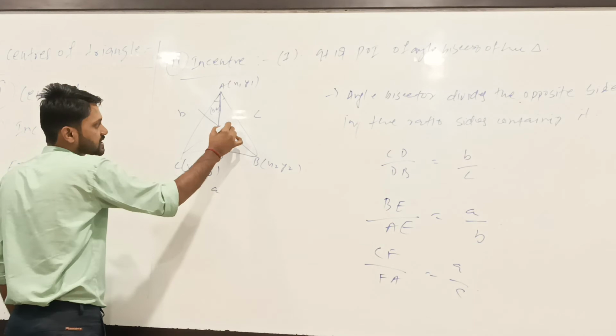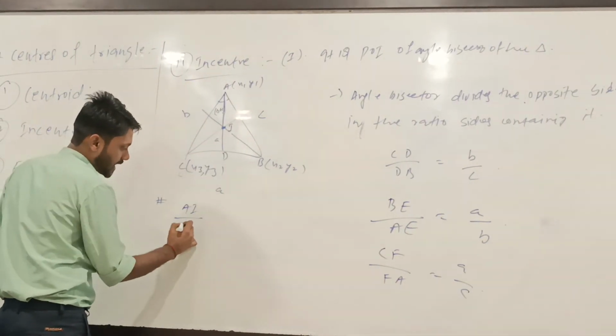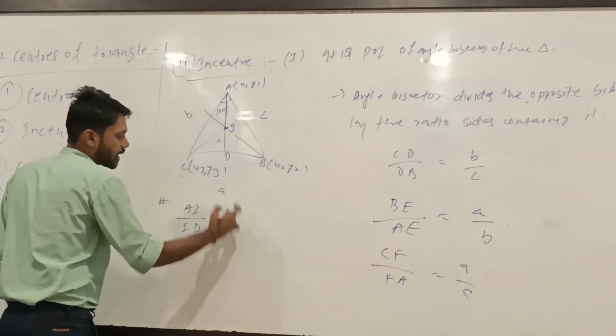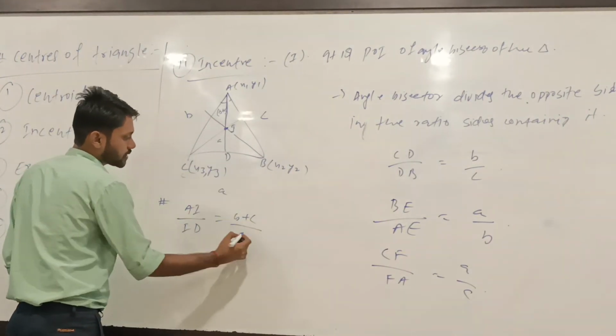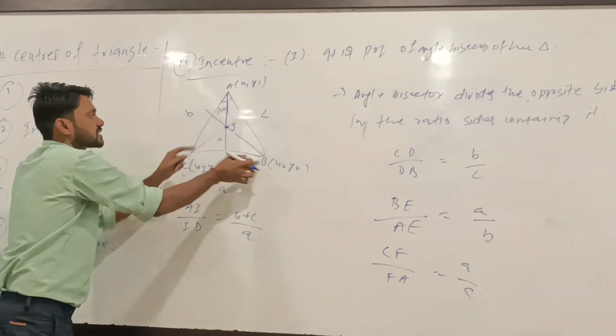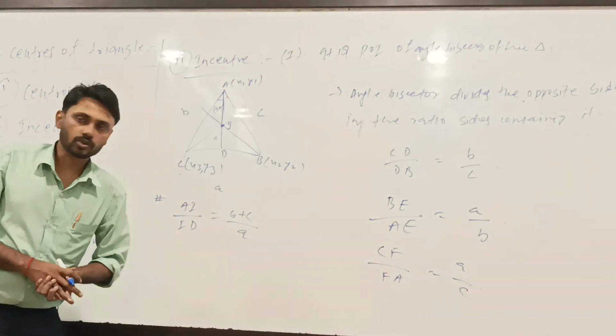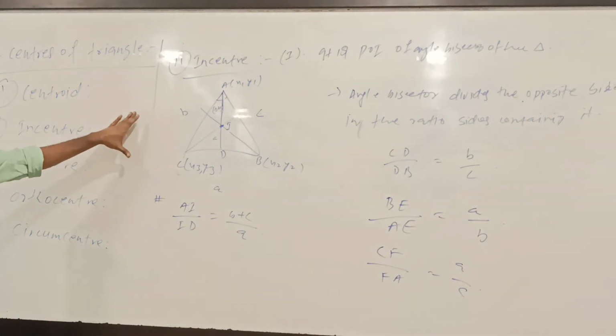So if this is I, AI upon ID will be equal to b plus c upon a. Same case with this line, same case with this line. You can utilize any of these three cases and solve for the coordinates of the incenter.